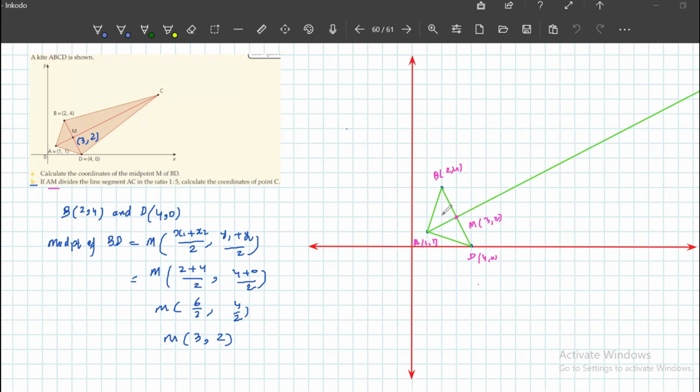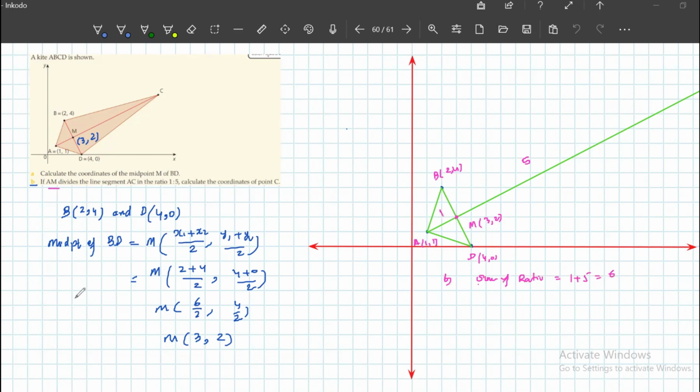This is 1 and the next is 5. So now we will find out where the point C exactly is. The sum of the ratio is 1 plus 5, which is equal to 6.